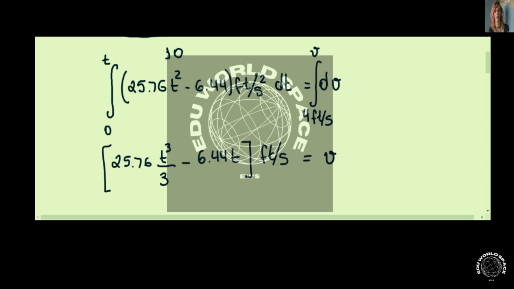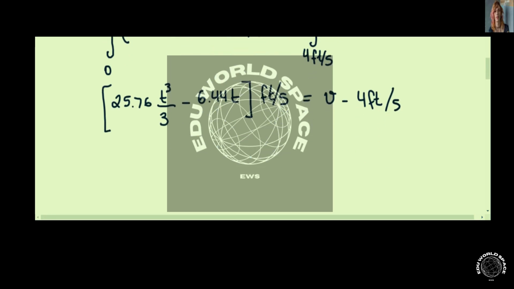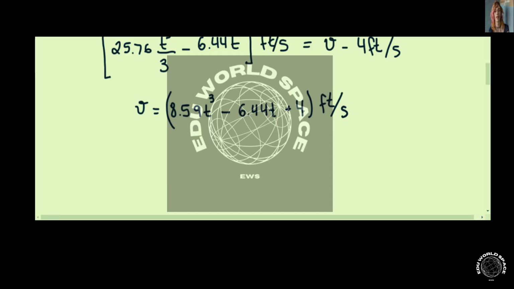And this is equal to v minus 4 feet per second. So v is equal to 8.59 t cubed minus 6.44 t plus 4. This is all in feet per second. So this is the speed.